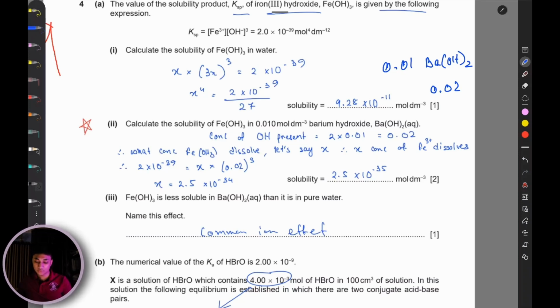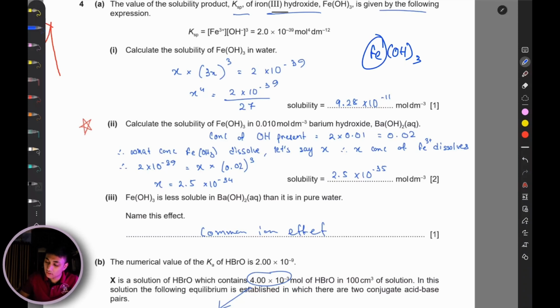Great. So now you need to find the concentration of iron that is going to dissolve, right? If I find out the concentration of iron that is going to dissolve, I'll also get to know what concentration of this compound will dissolve, since it is Fe(OH)3.